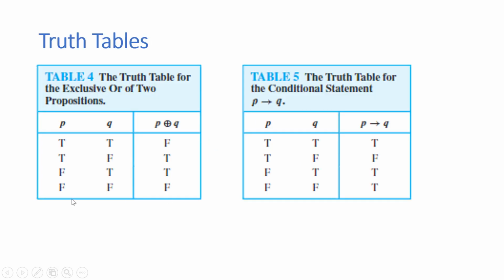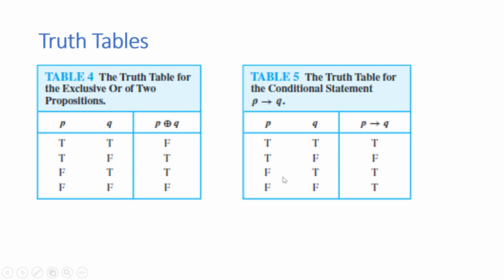P implies Q. How can we think about this as a proposition? Let's construct the truth table. If you construct the truth table, you're going to find something like this. P implies Q means if P is true, then Q must be true. For example, if P and Q are both true, that means it's true. If P is true but Q is false, then the whole statement is false, because you have to have the truth here.